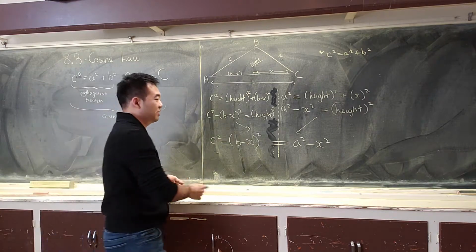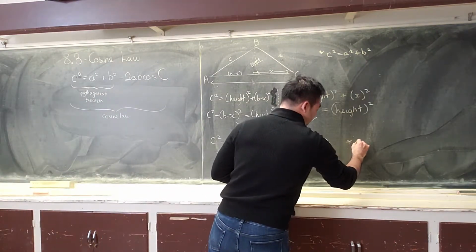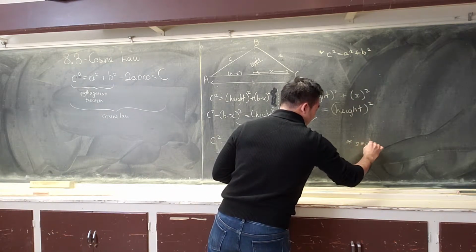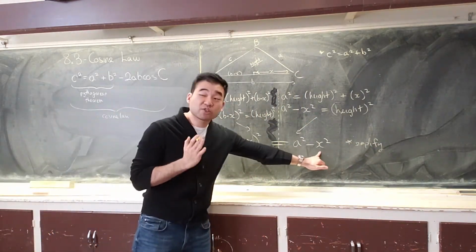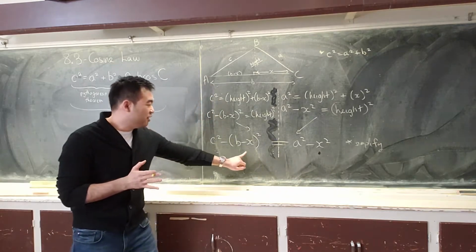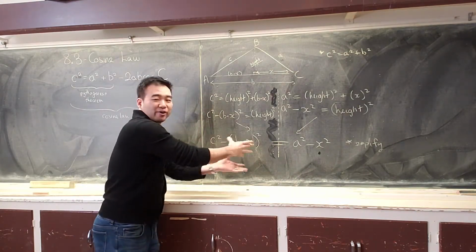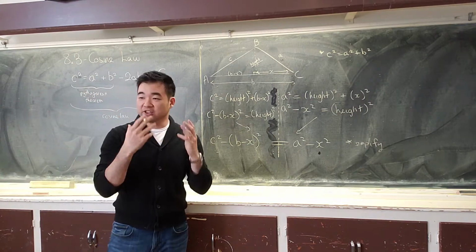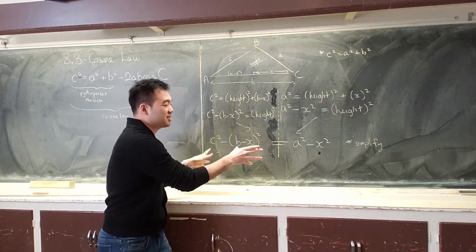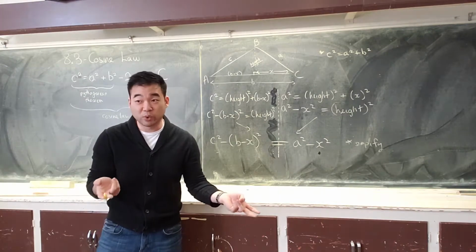Some of the things that you can automatically see: there's an x squared here, and there's going to be an x squared somewhere here. So automatically I'm thinking, okay, there must be a way to make this look nicer. I do not want to use this as a law, it's way too complex.